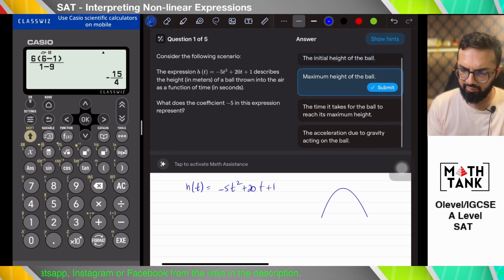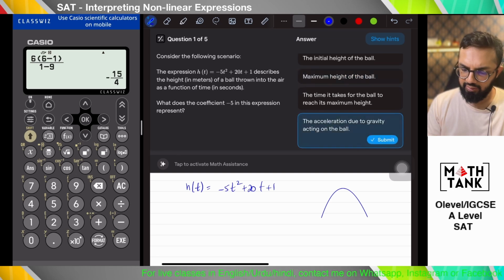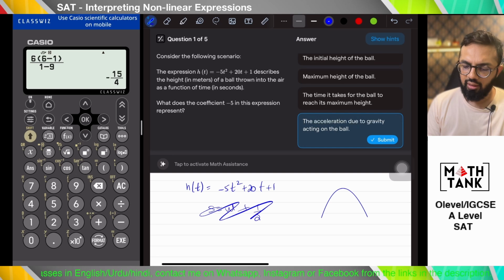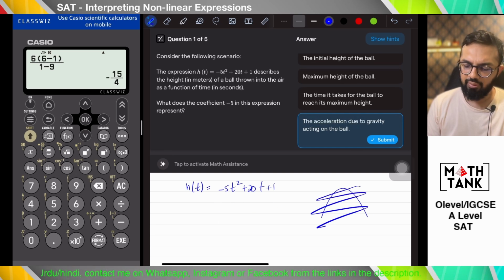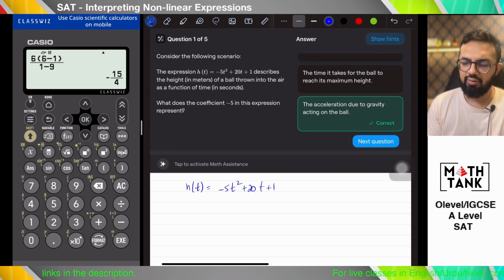It doesn't tell me the maximum height of the ball. Okay, this might be it because s equals ut plus half at squared. So yes, that would require a bit of understanding of physics here, but I don't know why that question is part of the SAT. You wouldn't be asked to do that on the SAT. That's the correct answer.